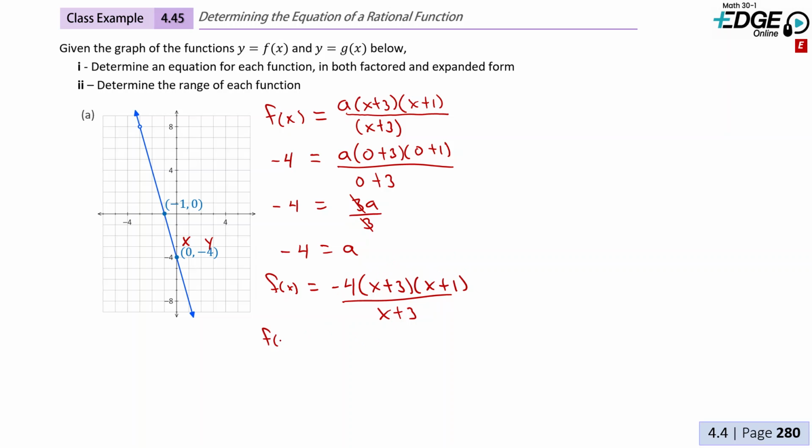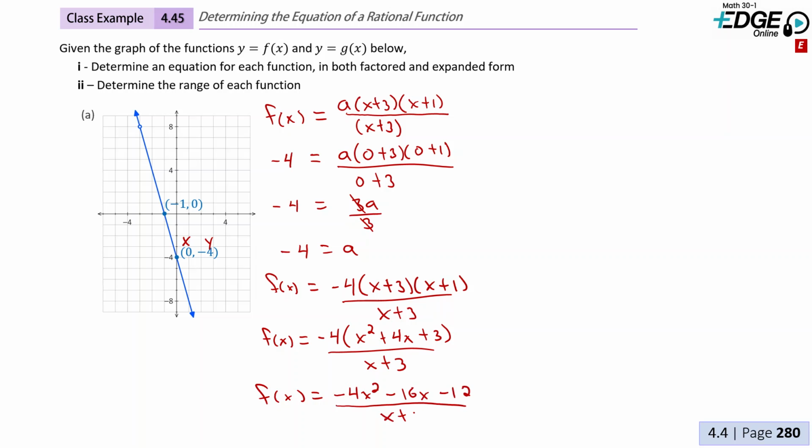So we'll have f of x is equal to, and then the -4 just hangs out for a second, and then we'd have x squared plus 4x plus 3 over x plus 3, and then f of x is equal to -4x squared minus 16x minus 12, all over x plus 3. So now there's our expanded version.